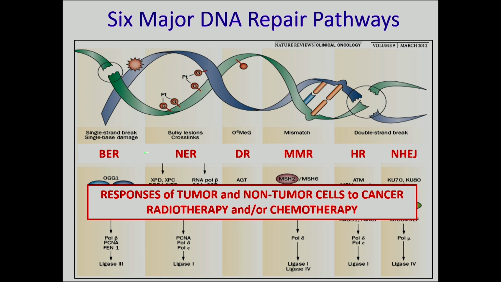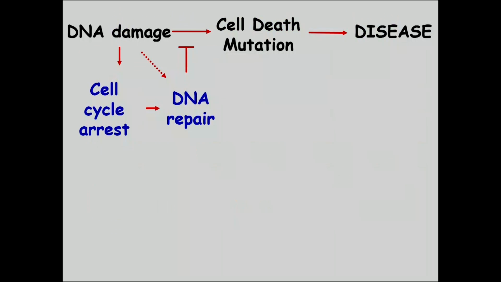And also these pathways are very important in protecting against situations where we deliberately expose people to chemotherapy agents or radiotherapy for cancer treatment. So from everything I've said, it's very clear that the role of these DNA repair pathways is very positive.